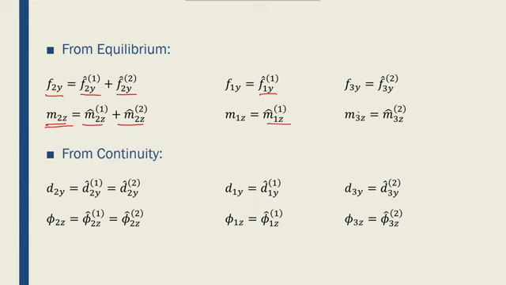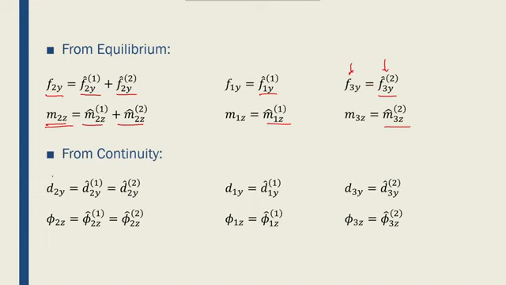Since node 1 and node 3 are not attached to other elements besides element 1 and element 2 respectively, their global forces are basically equal to their local forces, and the global forces at node 3 are equal to their local counterparts.